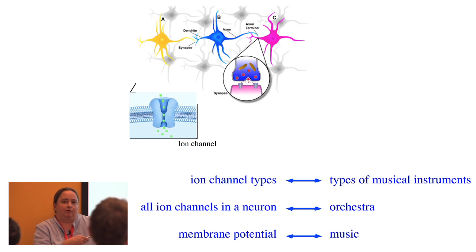So they each have their own properties. You have violins, you have drums. All of them have slightly different properties. And so all the ion channels that are present in a neuron then form what's kind of like an orchestra. And I'm making that analogy because again, I want to emphasize the rich dynamics that you can get even at a single neuron level. And so what we're really interested in is the membrane potential that kind of corresponds to the music generated by this orchestra.